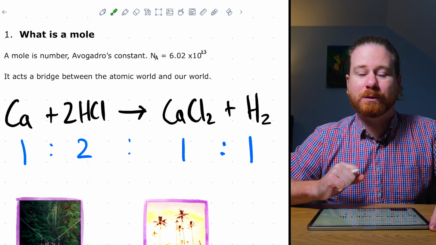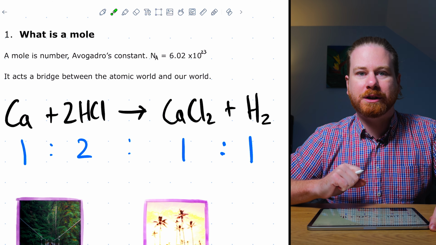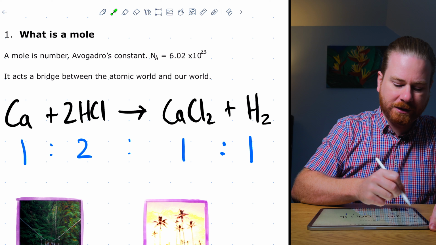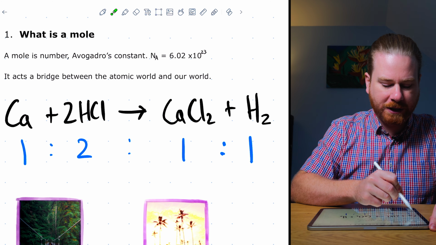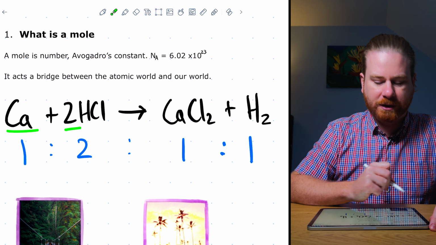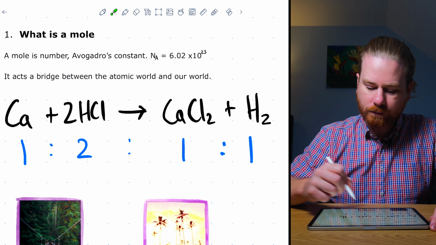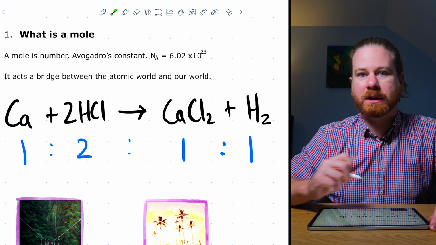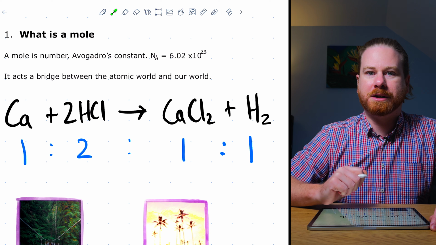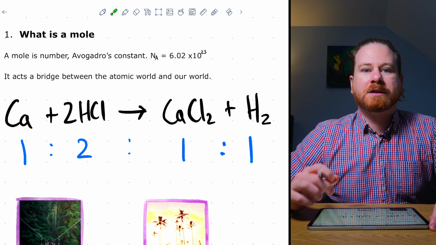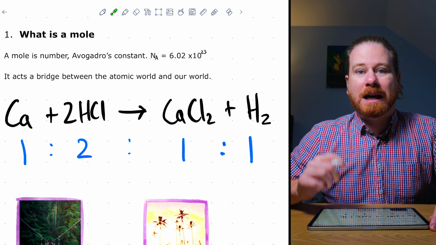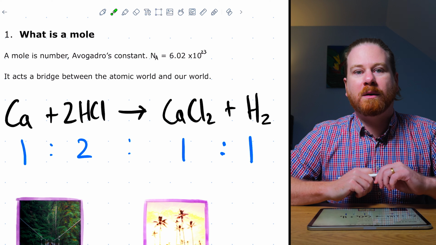So in this reaction, one calcium reacts with two hydrochloric acids. So we don't have a number in front of the calcium, but that just means one is reacting with two hydrochloric acids. And this gives us one calcium chloride and one hydrogen. So yes, the balanced equation gives us our ratio, the ratio of how everything reacts.